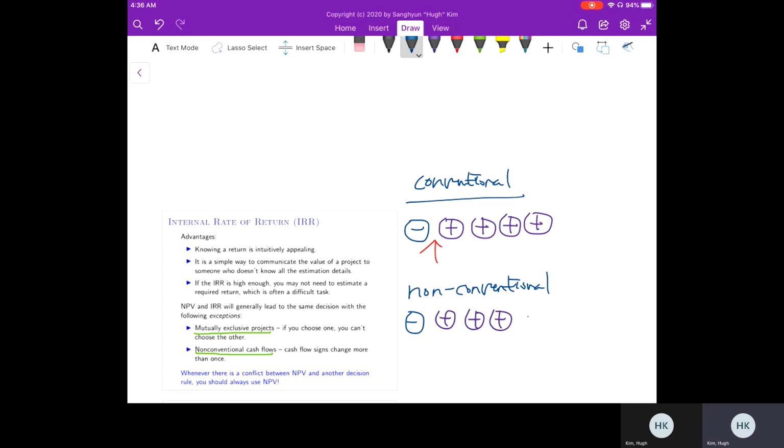And maybe the sign of the cash flow changes again. So for non-conventional cash flows, signs change more than once. For example, we may have a negative final cash flow like this, maybe because there is some cleanup cost for the project.